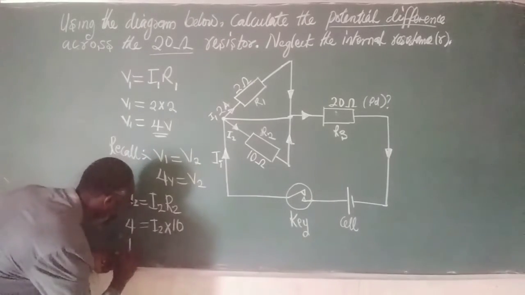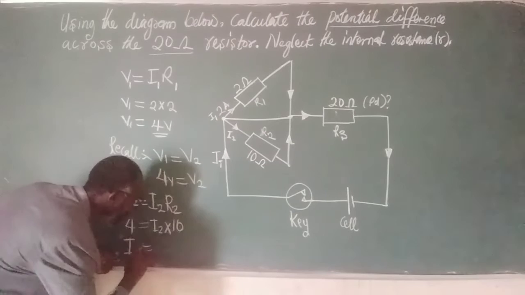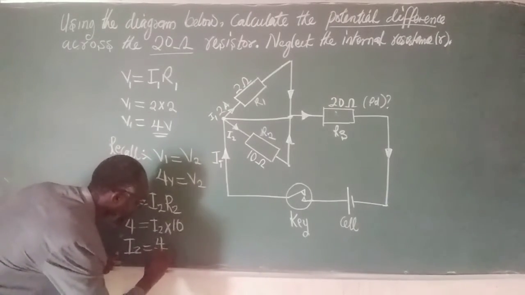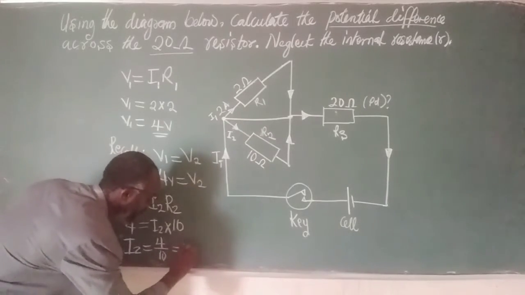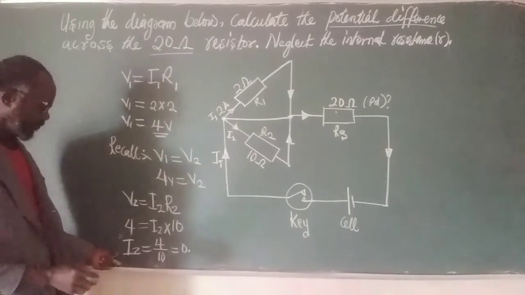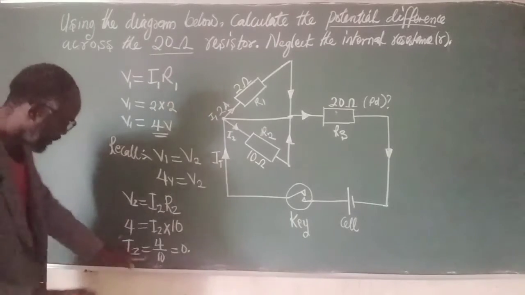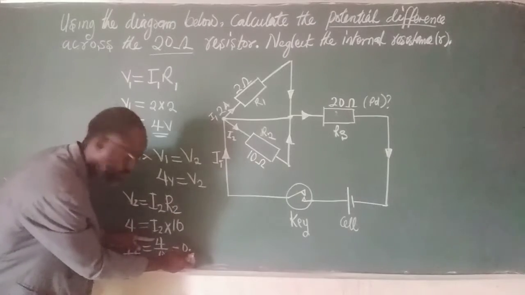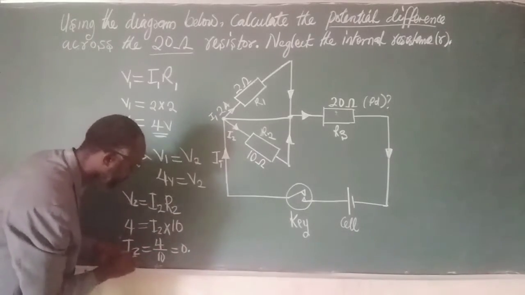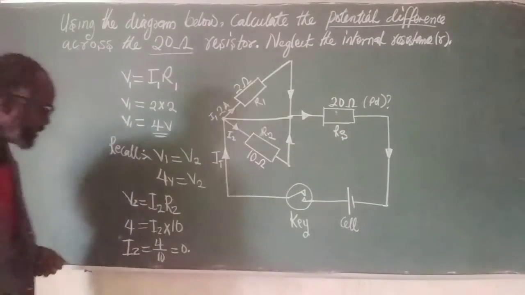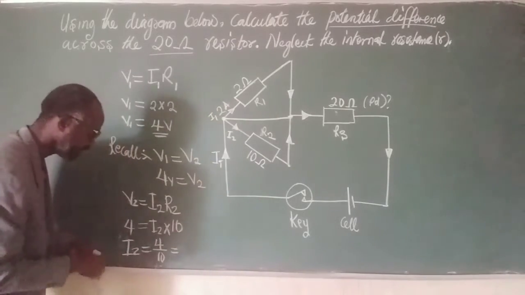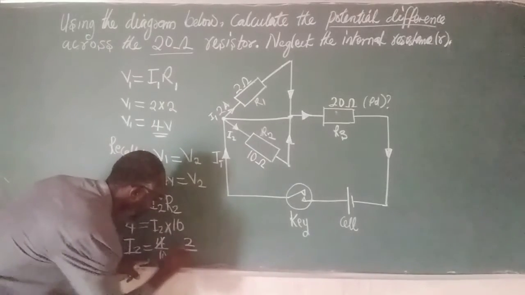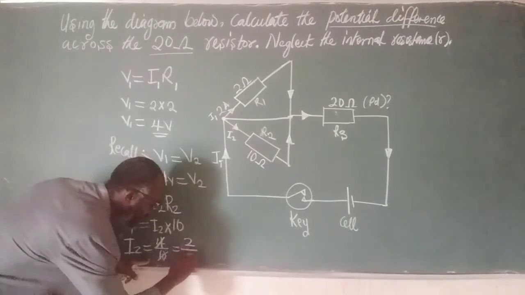So I2, that is current flowing into resistor 2, is equal to 4 all over 10, and this will give us 0.5, if I'm not wrong. Okay, 10 goes into 4 cannot, so we can split it further for simplicity's sake. 2 divide 4 is 2, 2 divide 10 is going to be 5.